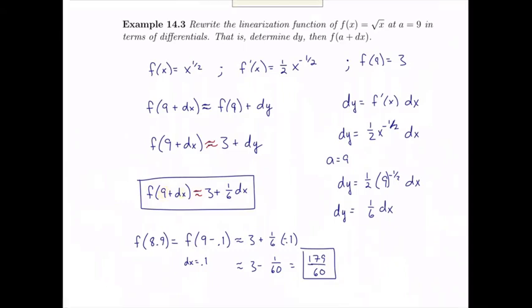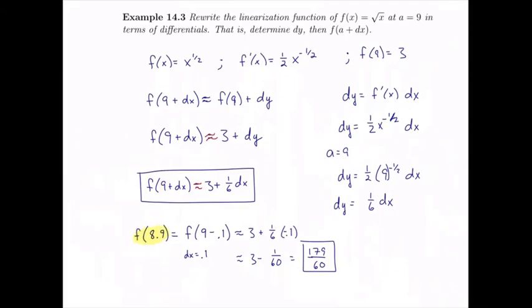So in other words, if I want to find the square root of 8.9, in other words, the function of 8.9, well, then I rewrite it as the difference of 9 minus 0.1, right?